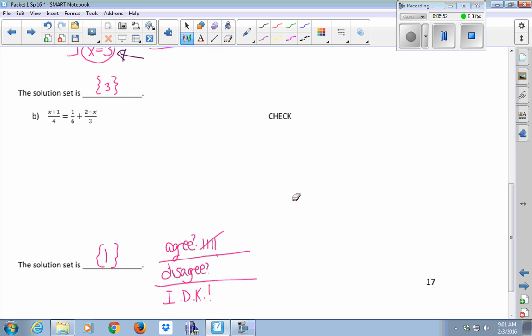So would someone share, or a couple of you share with us, how you went about solving this? You found the lowest common denominator? Okay. And how did you find that?